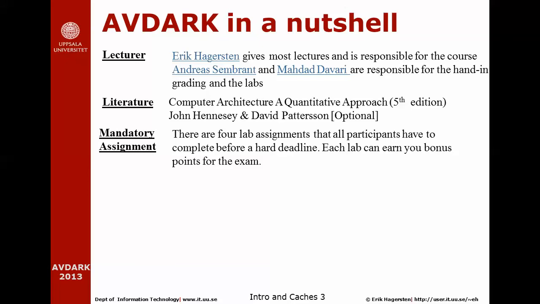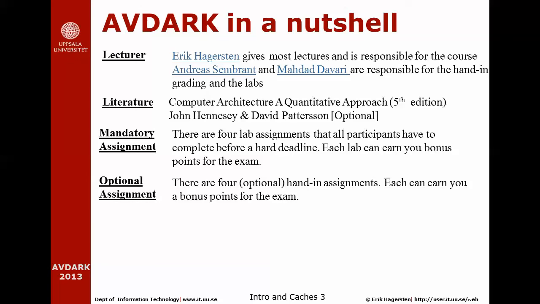There are 4 lab assignments in this course, and all of you have to pass all those assignments. There is 1 extra bonus assignment for each lab, and if you pass that one, you will earn extra bonus points. There are also 4 hand-in assignments that you do on your own at home, and these are optional.